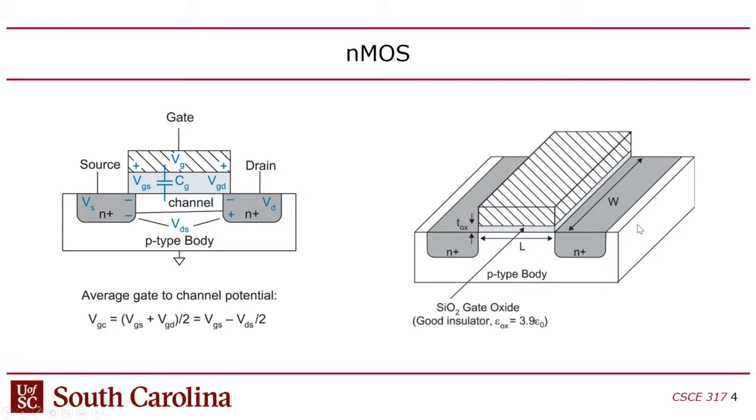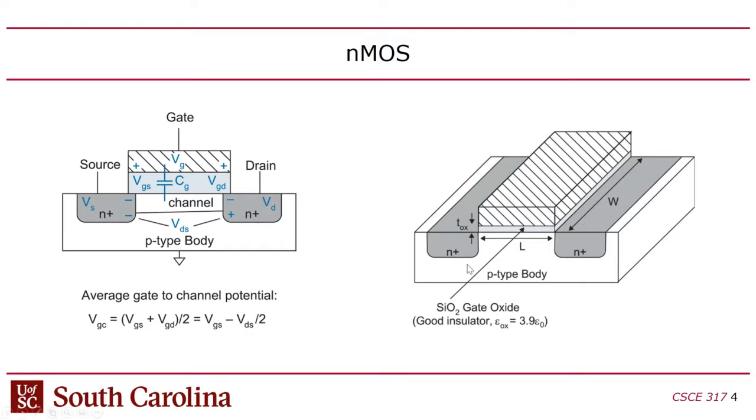The minimum width is typically twice the length for an nMOS and 4 times the length for a PMOS. But you can make the width bigger if you need a stronger transistor. So that width is your transistor strength. You can make it deliberately bigger, and this is the way you can get a more powerful transistor, as you can scale up the width beyond whatever the minimum width is, which, like I said, is usually twice the length.